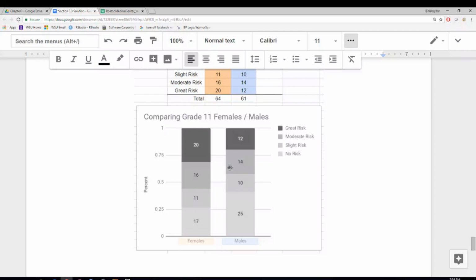That's pretty even across both of those. 16 and 14 are the counts. Up here on the great risk, though, you can see that a larger percentage of females said smoking weed was of great risk compared to males. So the percentage for females was about 30% or so? But for males, it looks like it's only about 20%.